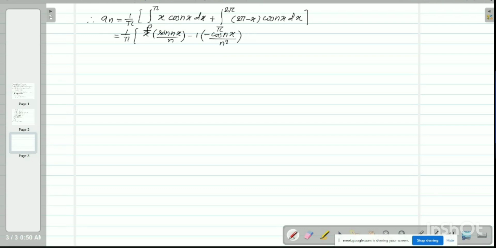So this is the integration for the first term, with limit 0 to pi.